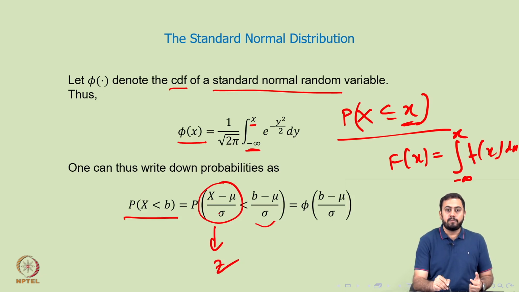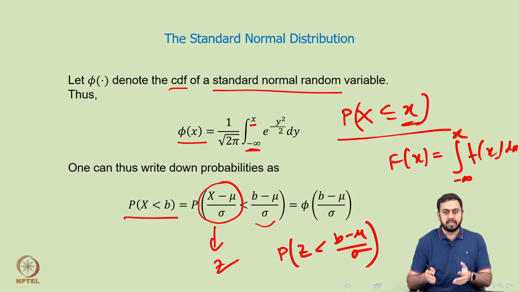So on the left hand side, you have the probability that a standard normal variable is less than this constant, which is the CDF of a standard normal variable at b minus mu divided by sigma, that is, the CDF function of z.